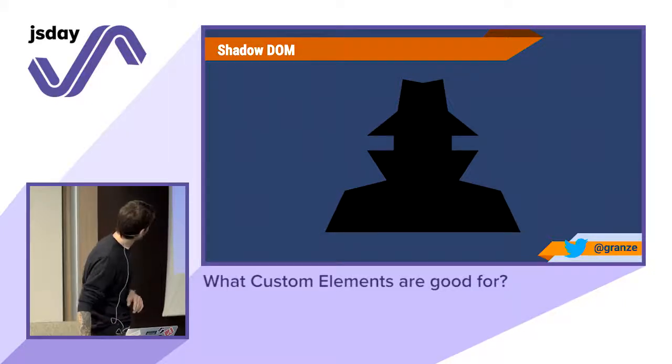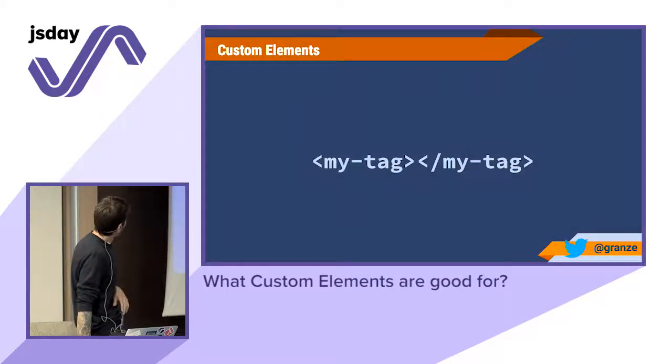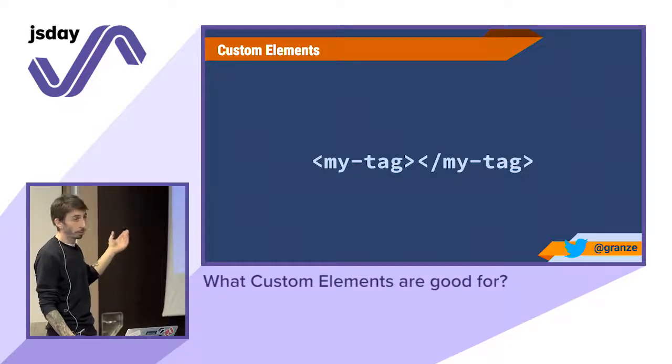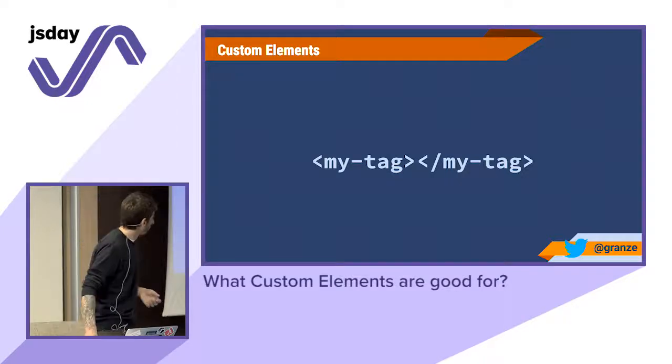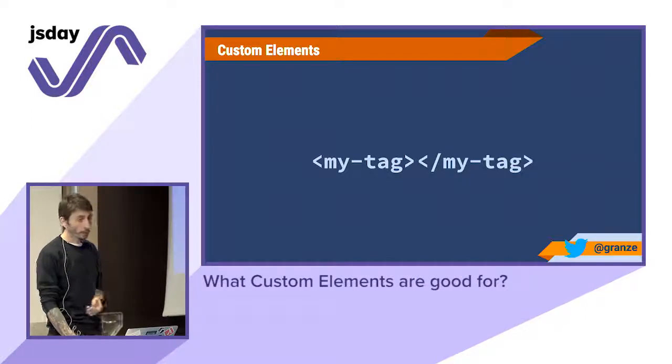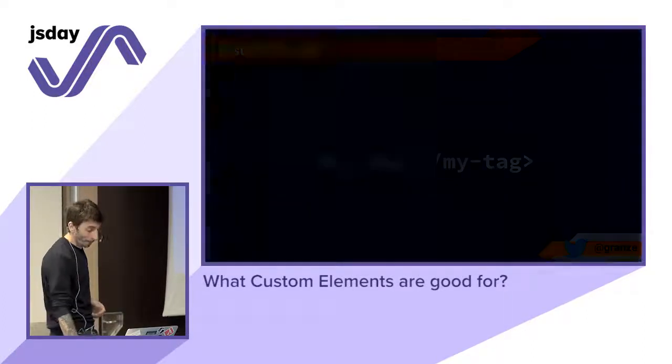I will not go deeper on Shadow DOM, and let's start with the main topic of this talk, the custom elements. So this is a custom element. It's just a tag with a name I can choose, and the only limitation on the implementation side is that I have to put a dash in the name, so no big deal.